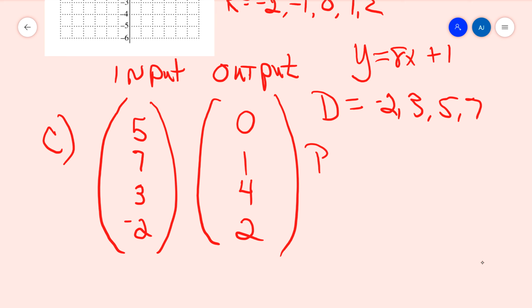Your range now has got to be paired up with the first number. The first number in the domain is -2, so the first number listed for our range is going to be 0. 0 goes with the -2. It's just the order that we're listing them in.